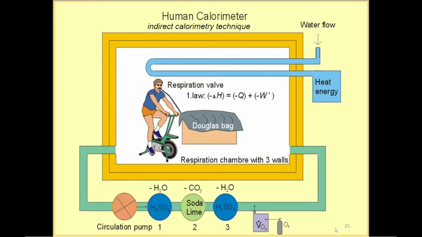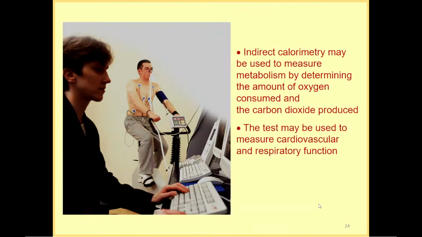And indirect calorimetry may be used to measure metabolism by determining the amount of oxygen consumed and carbon dioxide produced. The realization of this technique is shown here. The test may be used to measure cardiovascular and respiratory function.